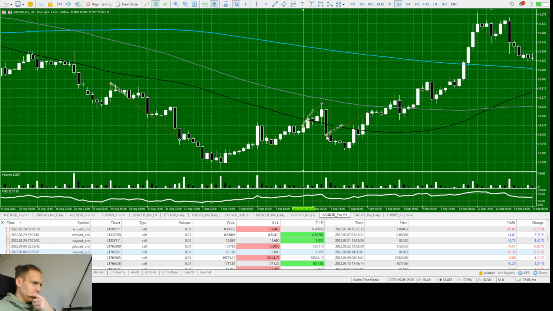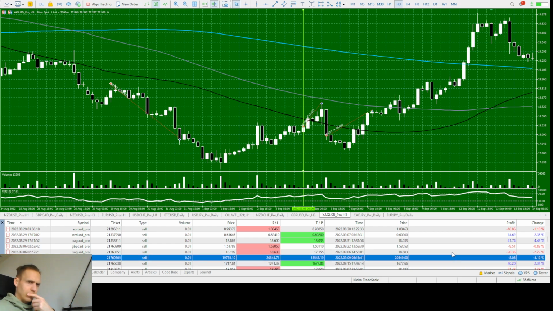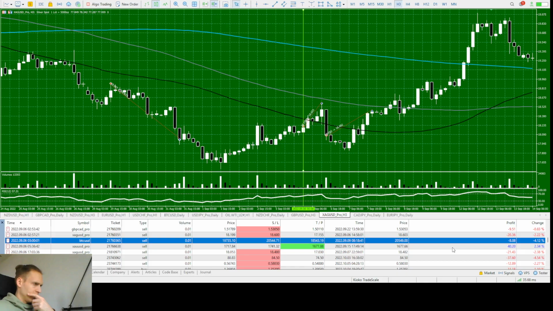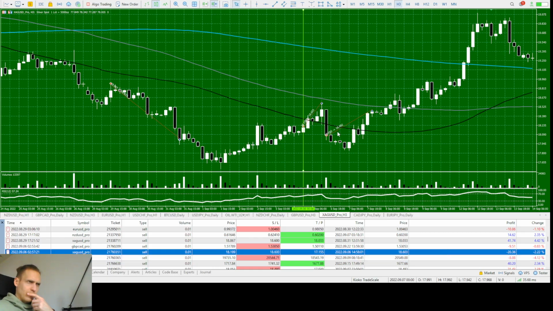And another trade on silver. This one, no, it was on gold. But then also silver. And it wasn't a profitable trade on silver.